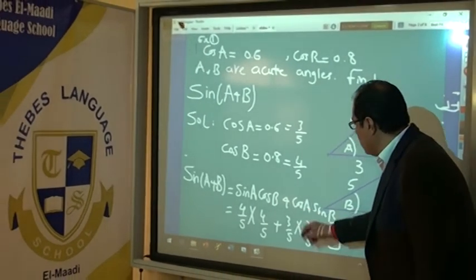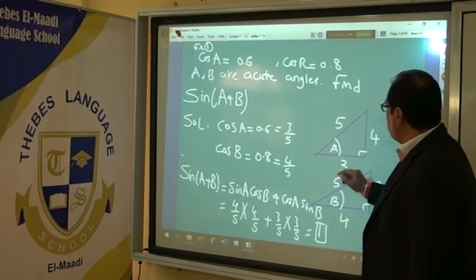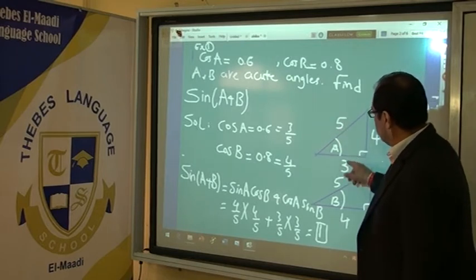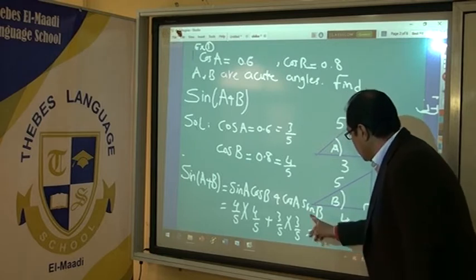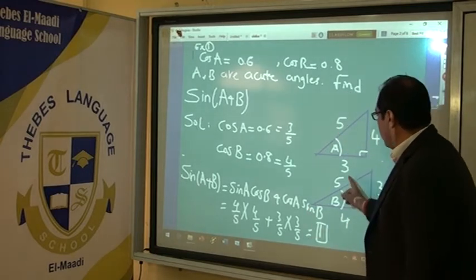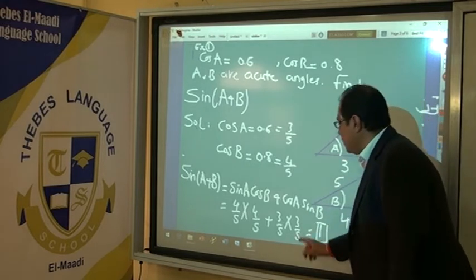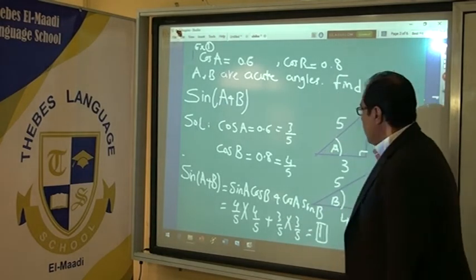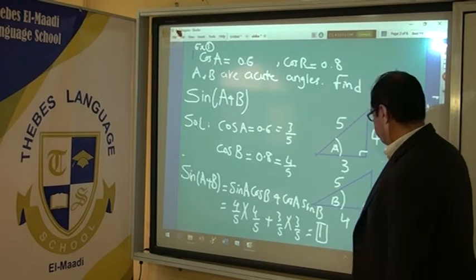Cosine A equals adjacent over hypotenuse, 3/5, multiplied by sine B. Sine B equals opposite 3 over hypotenuse 5, which is 3/5. Then I calculate this value and I get sine (A plus B) equals 1.